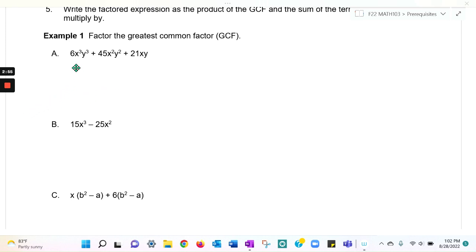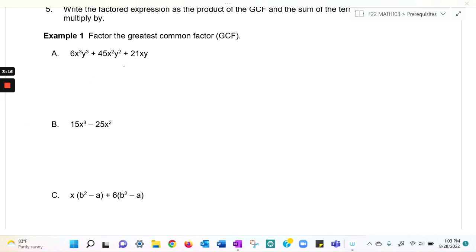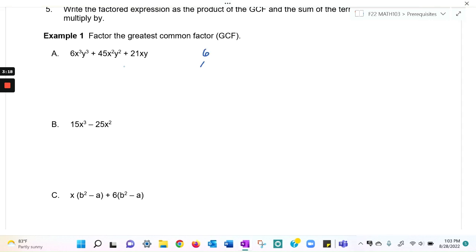So looking at these three terms, 6, 45, and 21, you could sit there and think about what numbers go into them, but you might do a little factor treeing. So take 6 and write it as stuff that multiplies to 6. You could do 1 and 6, but that's not really helpful.